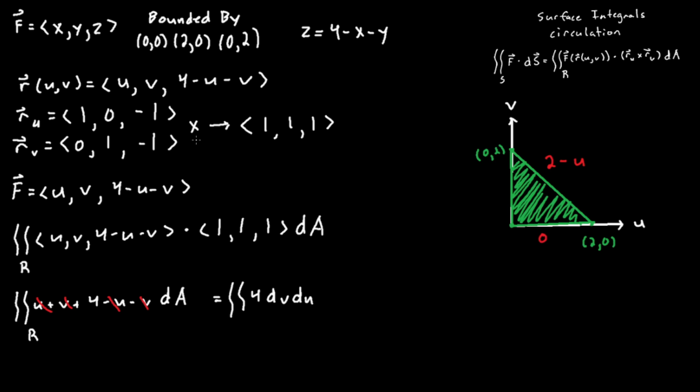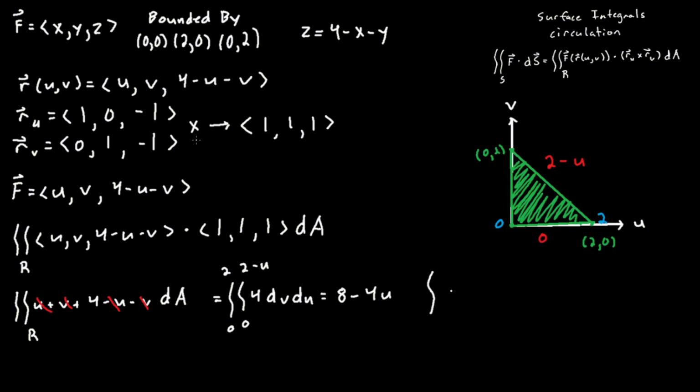And u is bounded by 0 and 2. So our bounds for v are 0 and 2 minus u, and our bounds for u are 0 and 2, written down in blue. So if we were to solve this integral, you get 8 minus 4u.